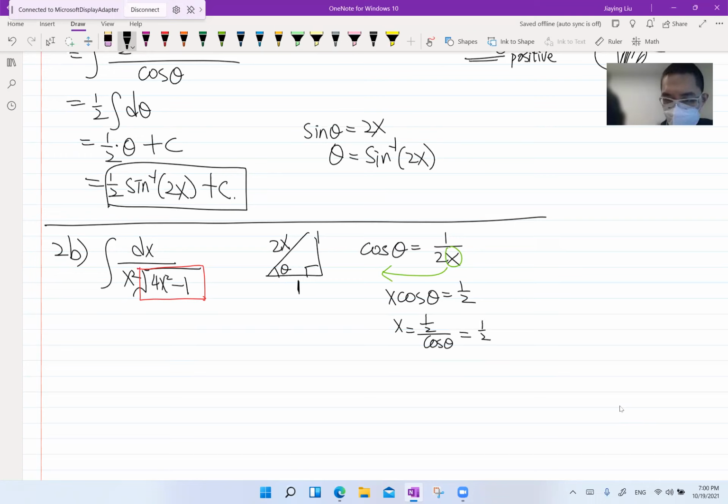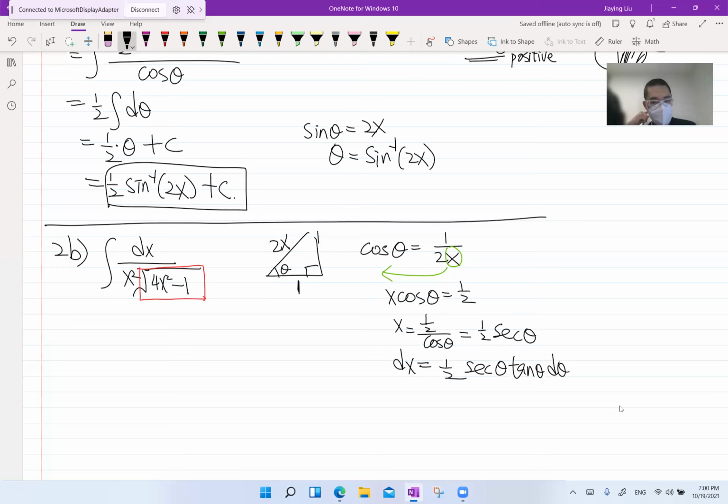So what does this give us? This is 1/2 divided by cosine, 1/2 times 1 over cosine, so that's 1/2 secant theta. And I need dx. So dx equals 1/2 secant, and when I take the derivative of secant, I get secant theta tangent theta d theta.